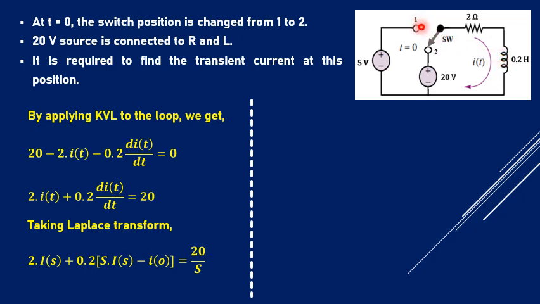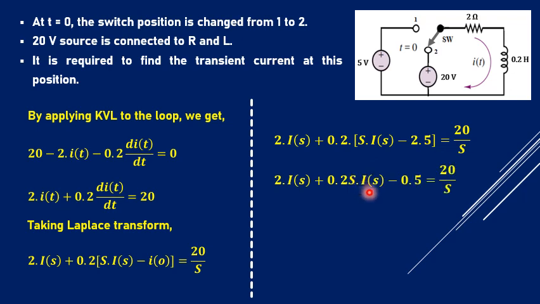So at the moment of closing the switch to position 2, the initial current flowing through the inductor will be 2.5. Hence this I of 0 is 2.5. In the earlier problem we would have substituted 0 here. Now it is 2.5, and the rest of the simplifications will be the same.